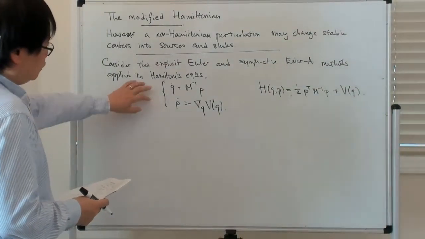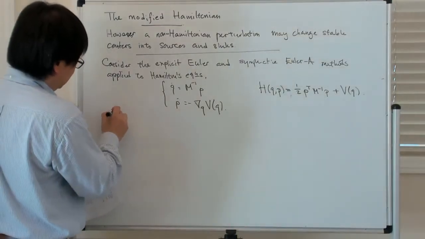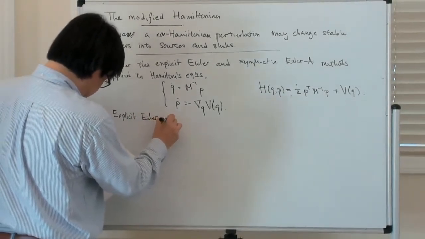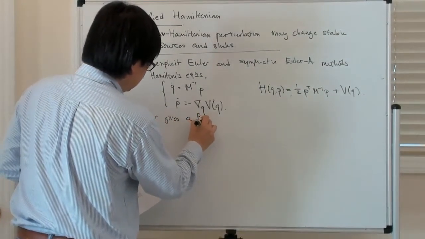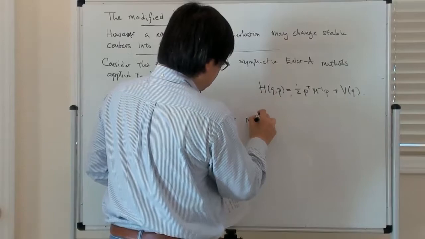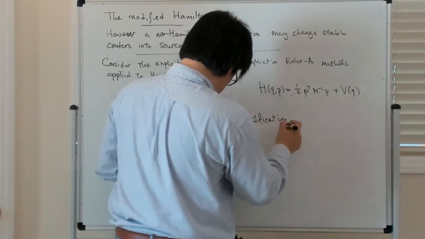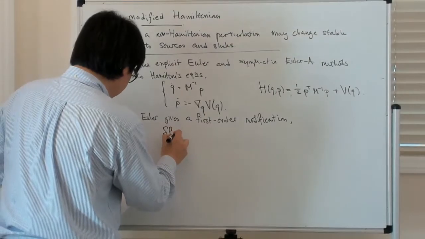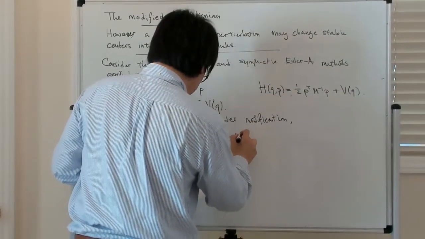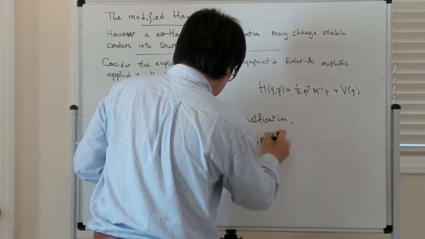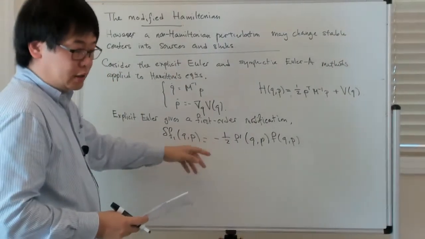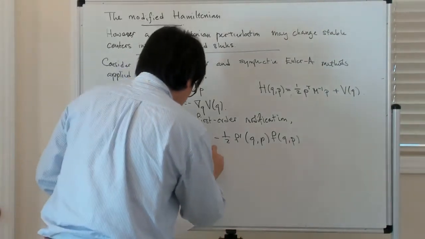Okay, so if you have this, then explicit Euler gives a first order modification to the vector field, which looks like delta F1 of q, p is equal to negative 1/2 F prime of (q,p) times F of (q,p). So this is what we had obtained before. That's the first order correction from forward Euler, and we can write down what that looks like.